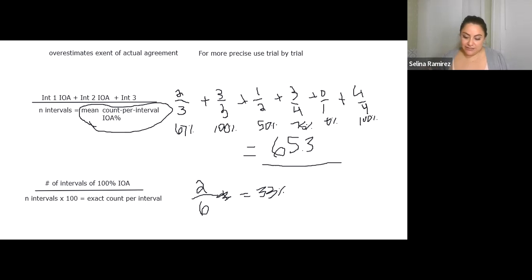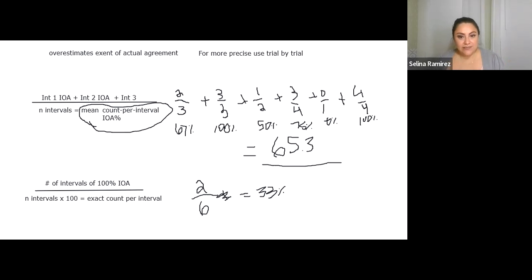Which is incorrect because they were observing different behaviors per interval. So that explains why mean count and exact count per interval are a little bit more accurate than if we just did total count.